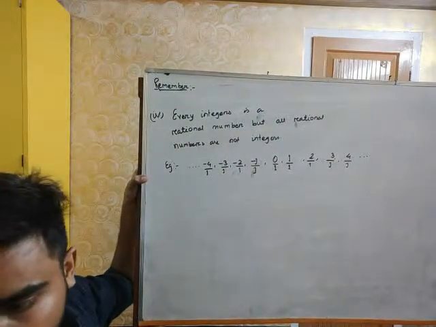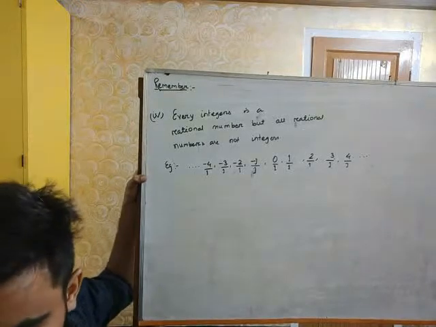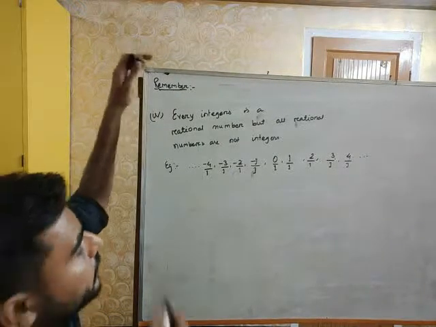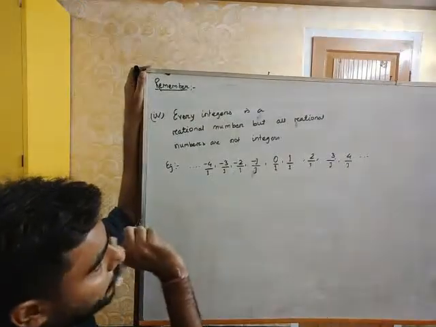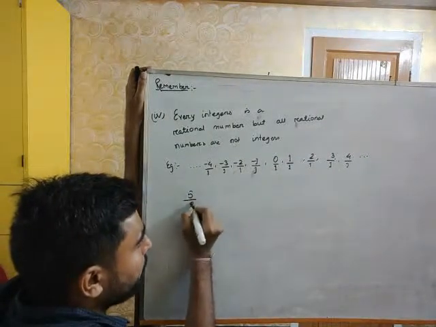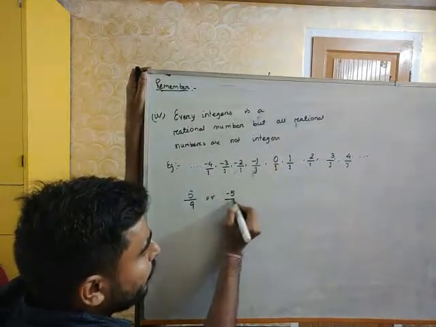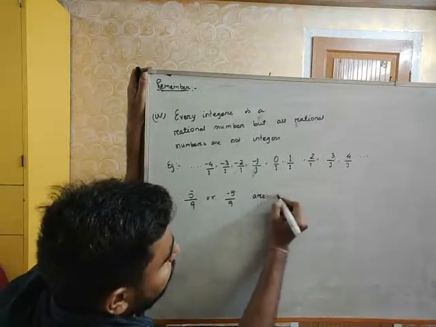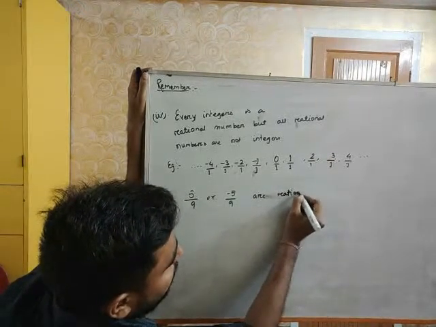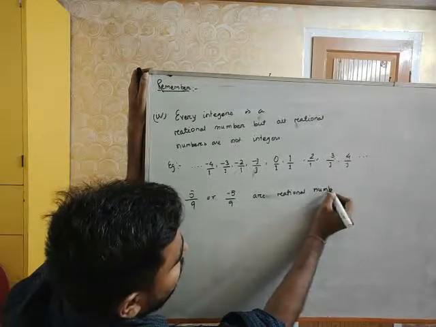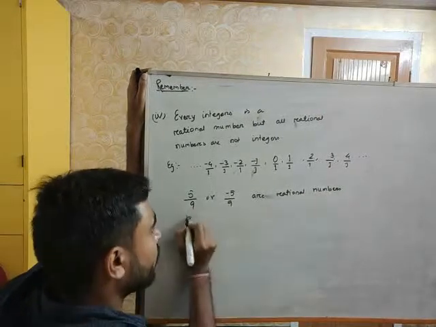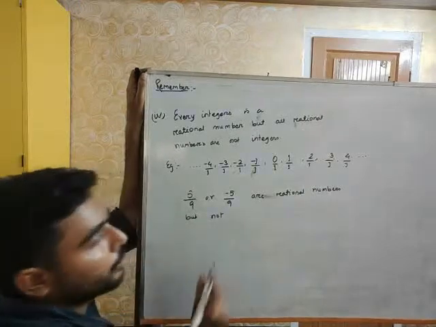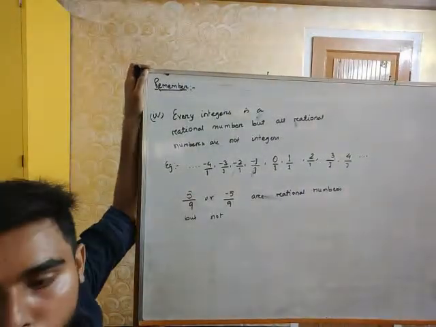That means it is 1 and it comes in the form of P by Q. So therefore, every integer is a rational number. But if I take 5 by 9 or -5 by 9, these are rational numbers but not integers. Why not integers? Because for integers the denominator can only be one.